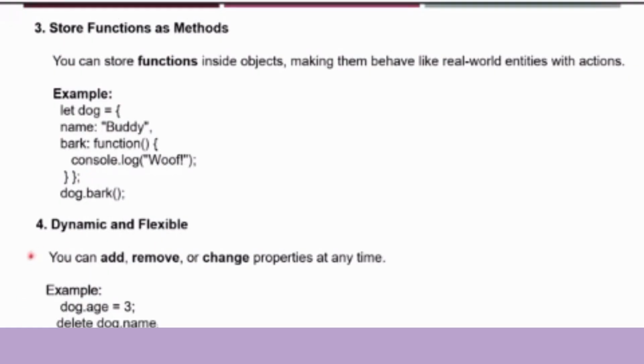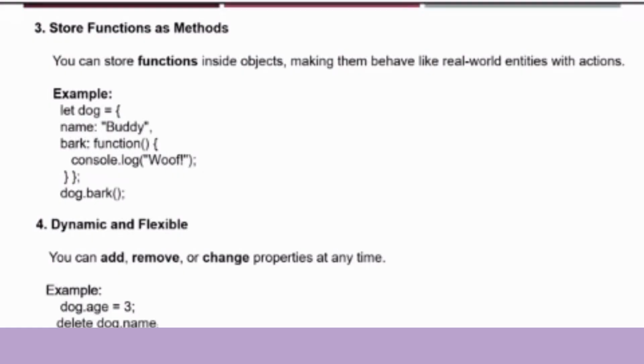Another great thing about JavaScript objects is that they are dynamic and flexible. This means you can add, remove, or change properties at any time, even after the object is created. For example, here in the code, dog.age equals 3 means we add a new property age with value 3. And here delete dog.name removes the name property from the object.